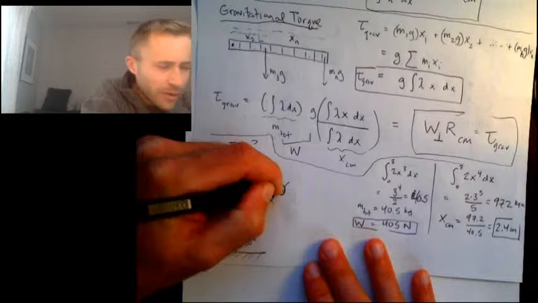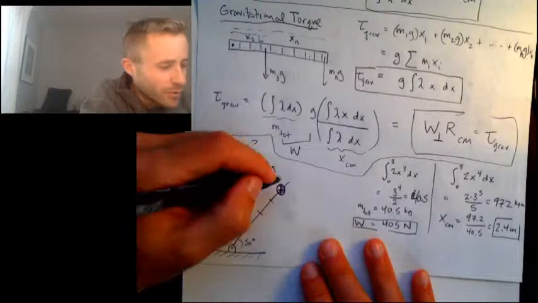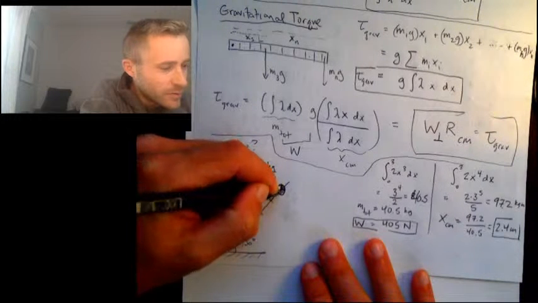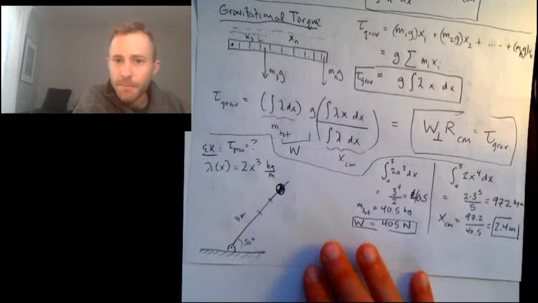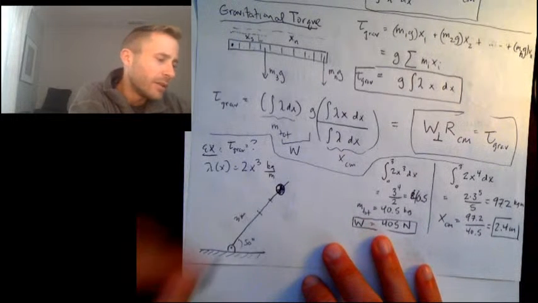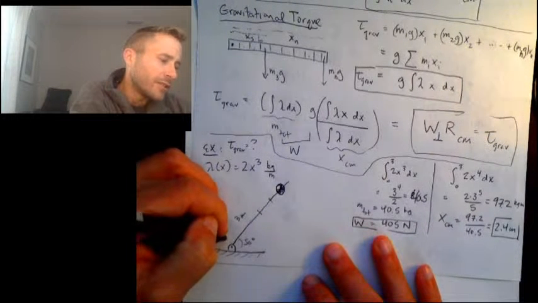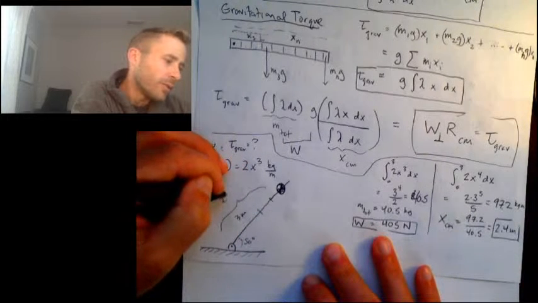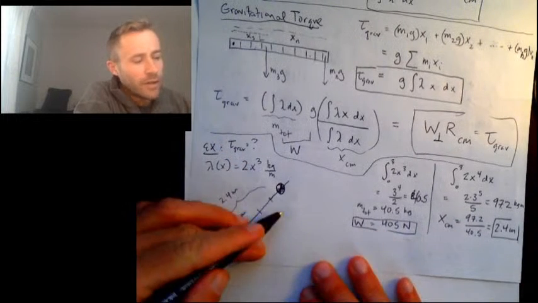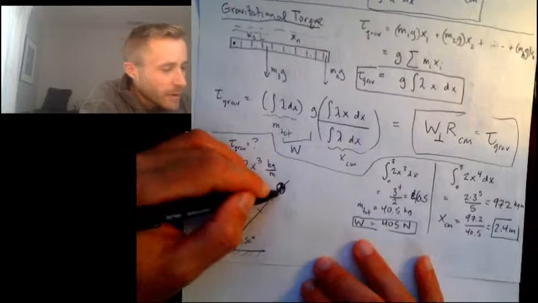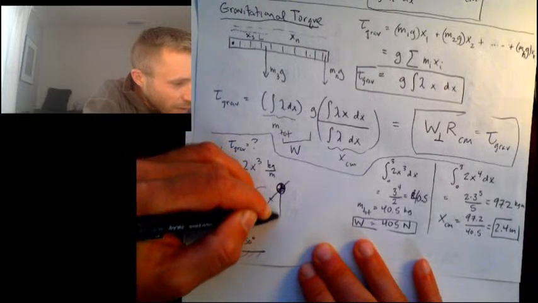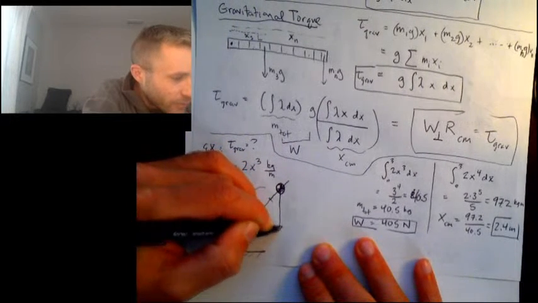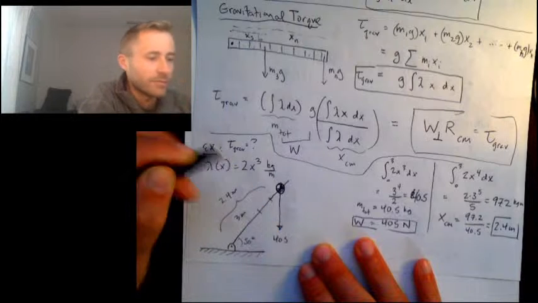The symbol for center of mass is kind of like the BMW logo. So the center of mass is right there, at a distance of 2.4 meters.